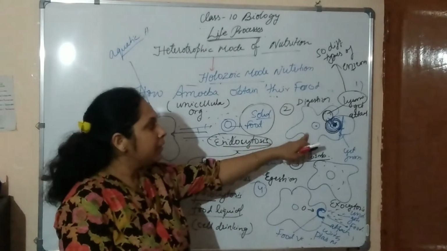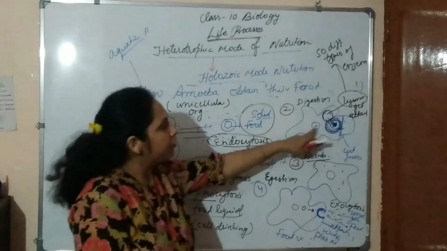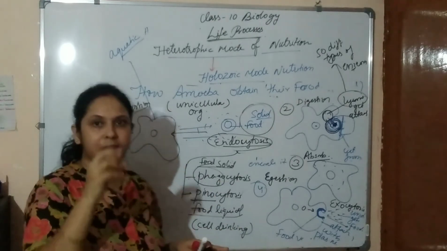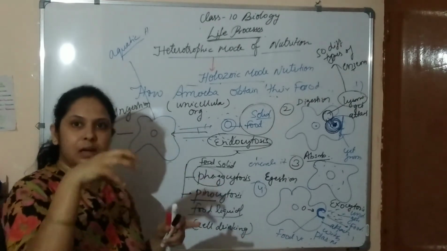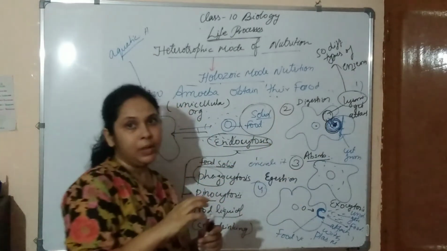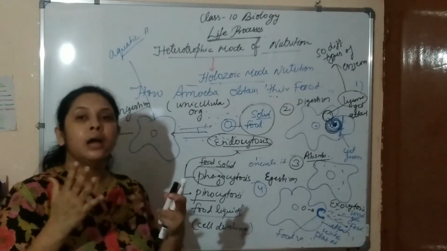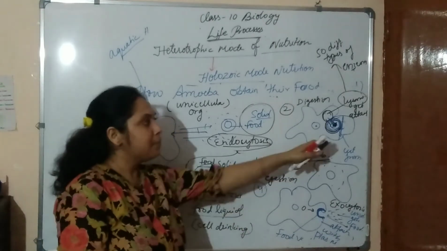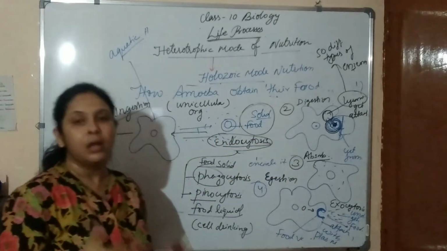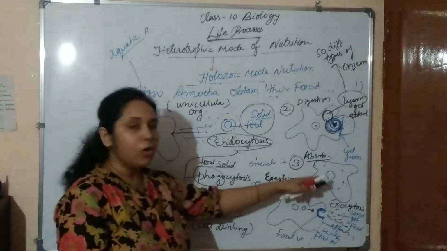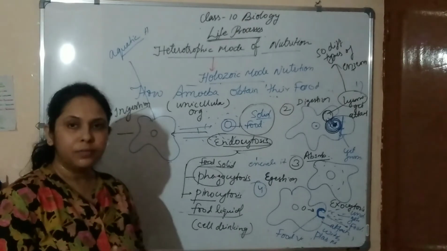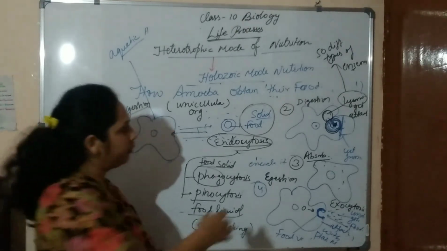After that, the digestion process occurs, in which after the capturing of food, the food goes inside in vesicle form, which we call the food vacuole, and the lysosomes get attached with it. Lysosomes contain lots of enzymes which help in the digestion of the food. After that, the nutrients formed after the breaking of food are absorbed by the different parts of the amoeba cell.